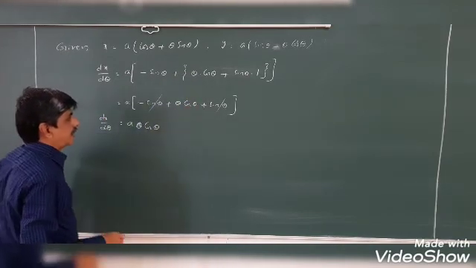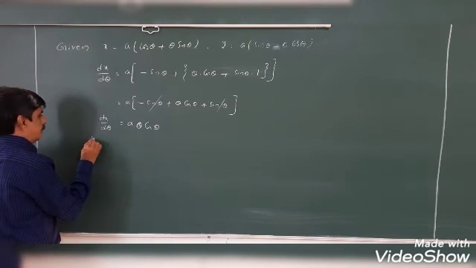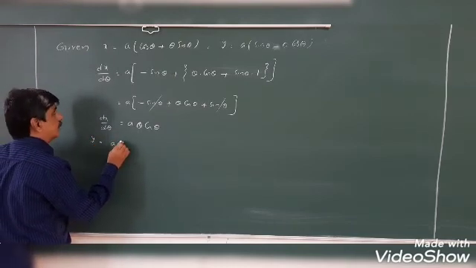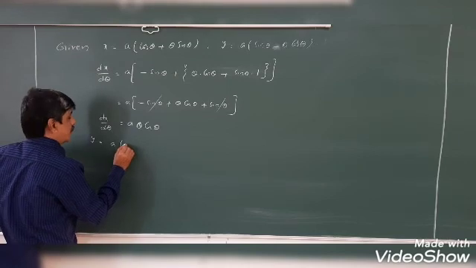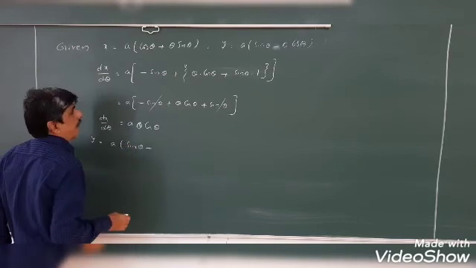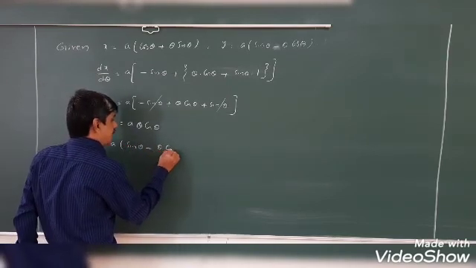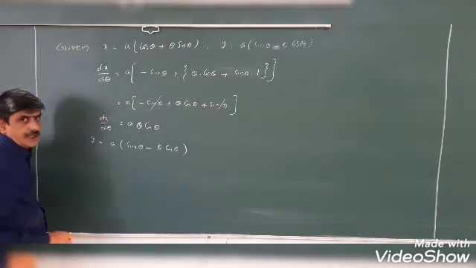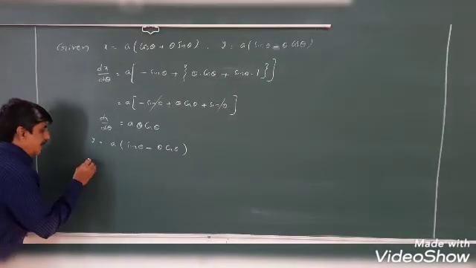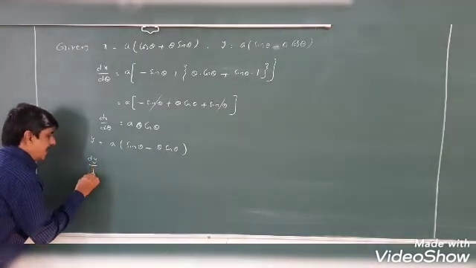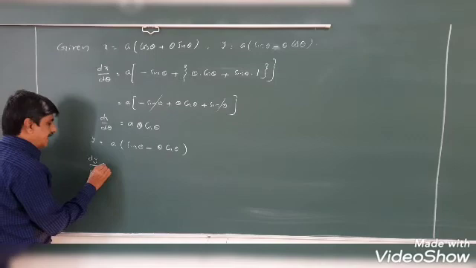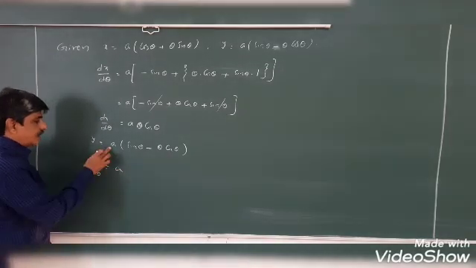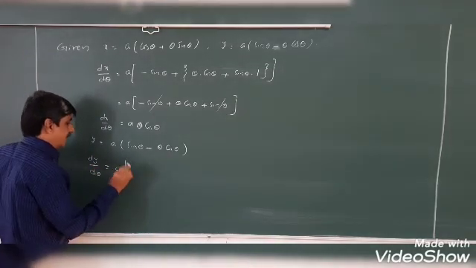Now take y is equal to a into sin theta minus theta cos theta. Differentiate with respect to theta on both these sides. d by d theta of y, we will write it as dy by d theta, is equal to a, a is a constant coefficient, keep it same.